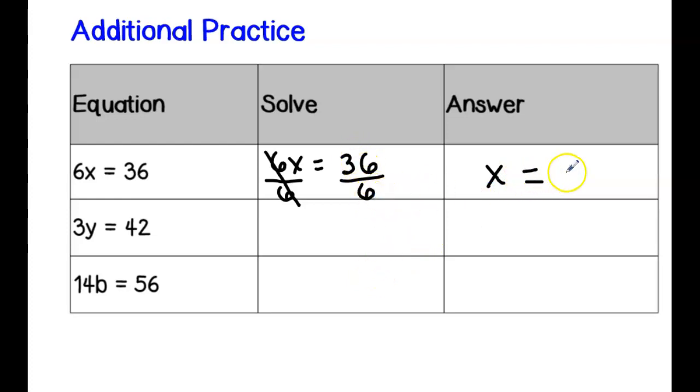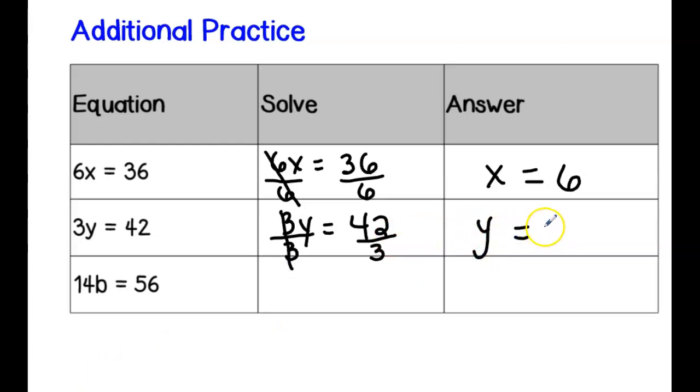And 36 divided by 6 equals 6. In the next example, we're going to divide by 3 on both sides, leaving y by itself. And 42 divided by 3 equals 14.